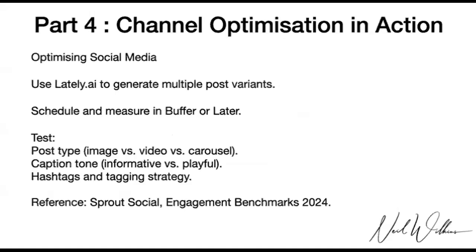So it's all those kinds of things that we can start to say, okay, I can confidently know now what I'm doing. Same applies, of course, in optimizing social media. We can generate multiple post variants, do predictive analytics on them, and get them tested before we press publish. And we can schedule and measure in Buffer or Later. You might have your own scheduling platform that you use. And we're going to be testing a whole range of things. These are examples which came out of Sprout Social's engagement benchmark survey.